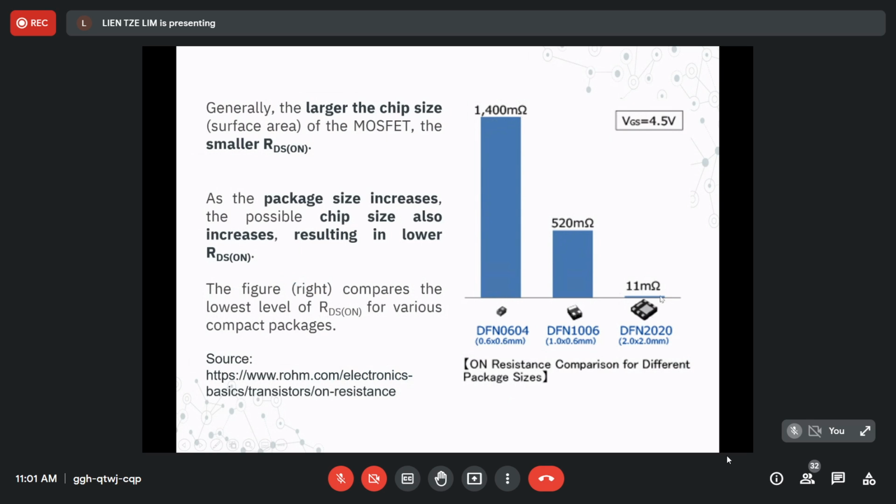A larger chip size has a smaller RDS. This graph I picked from this website, which you can refer to. The contents here I got from this website, to show you how the chip size affects RDS. The graph has already shown that.